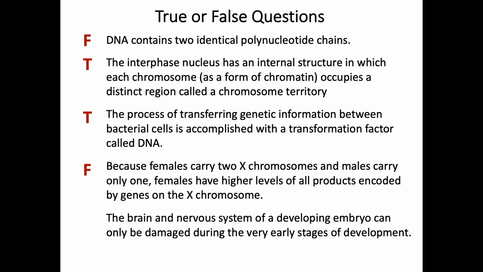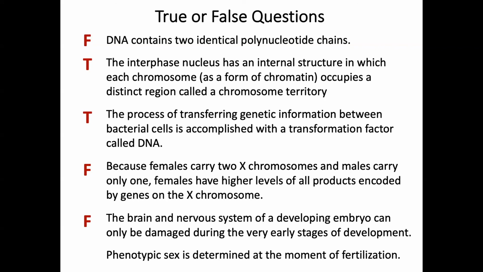Okay, next. The brain and nervous system of a developing embryo can only be damaged during the very early stages of development. True or false? This is apparently false, because we learned that the toxic effect on the brain and nervous system spans the entire phase of pregnancy, right? Okay, the last one.